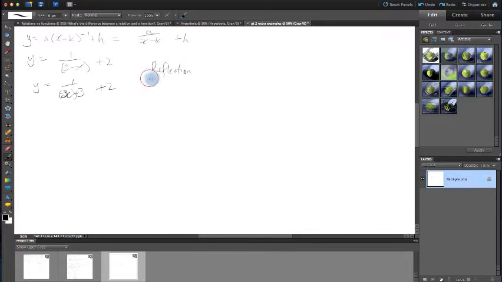Reflection in the y-axis. So let me show you what I mean. First, I'm going to plot y equals 1 over positive x plus 3, plus 2. Okay, so I'm leaving out the negative sign here. And if I leave out the negative sign, well, it's gone up 2. There's our 2.